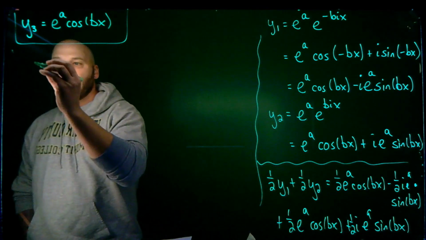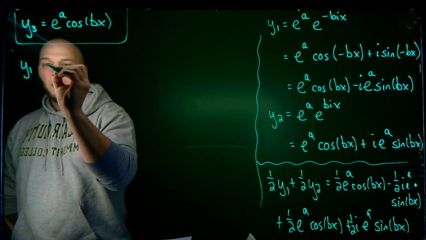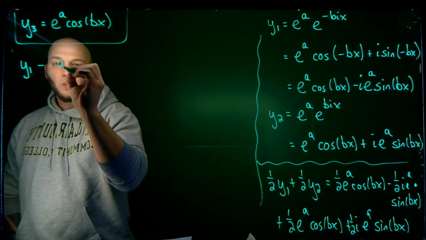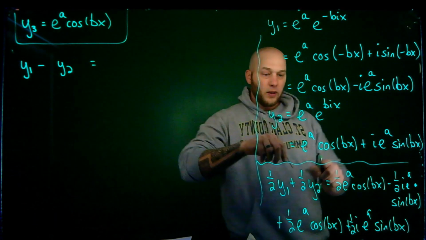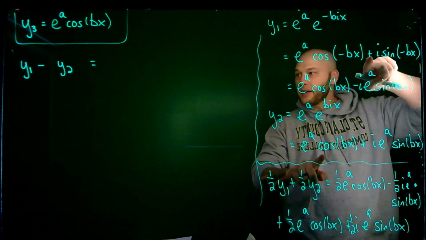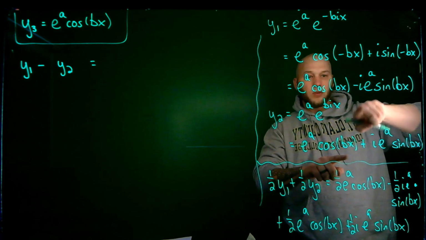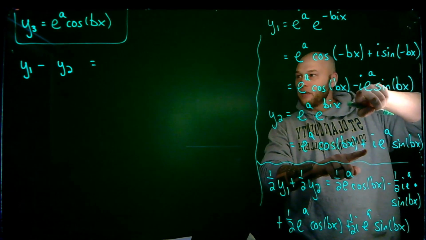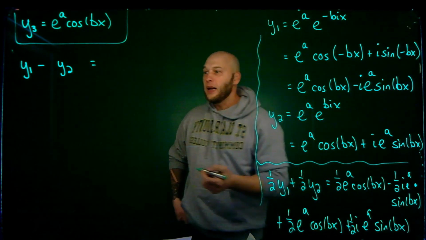So I know I'm going to have to do y1 minus y2. That is going to cancel the cosine terms, but then I'm going to have negative i minus i, which is going to be negative 2i.